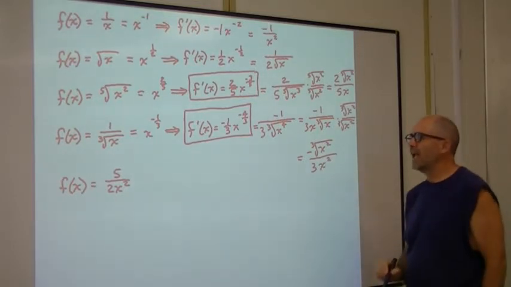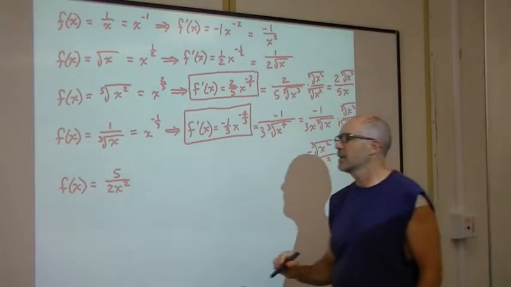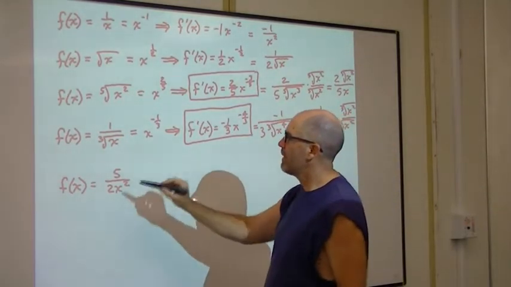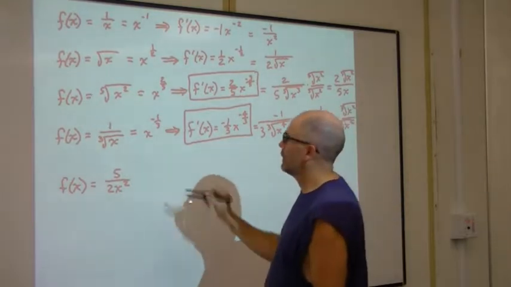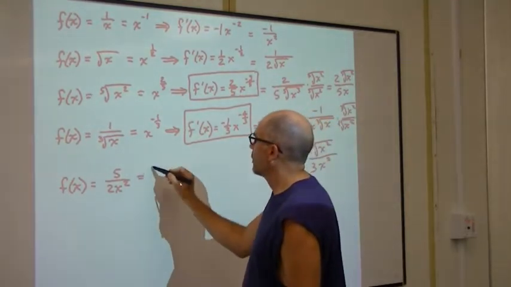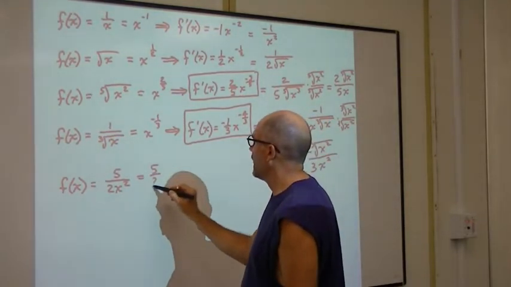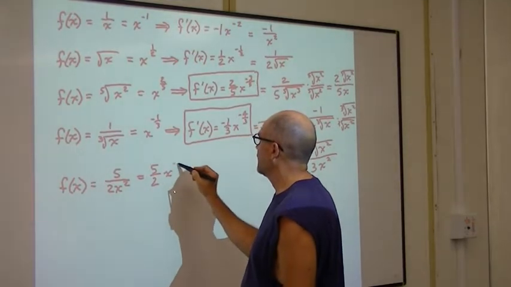All right, and one last time, 5 over 2x squared is our function. What is our derivative? Well, remember, we're going to change this to 5/2 x to the negative 2.